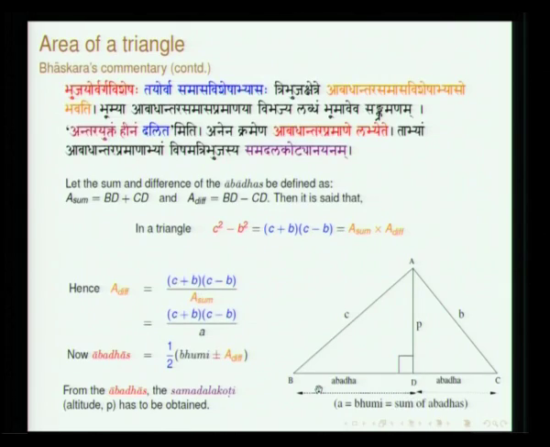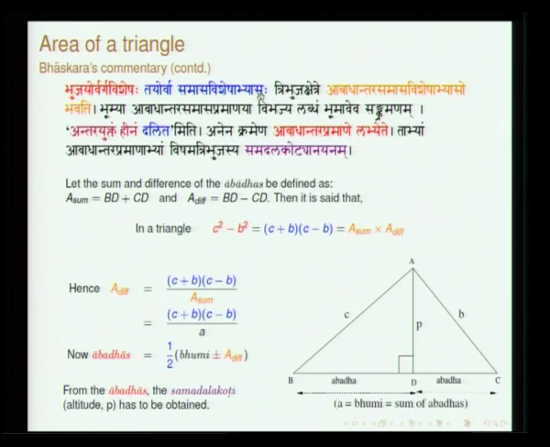This is what Bhaskara says. It is very interesting to read the way he presents this: Bhujayor Varga Visheshaha Tayorva Samasa Visheshabhyasaha. Bhuja is the side, Varga is square, Vishesha is difference. Bhujayor Varga Visheshaha means C square minus B square.